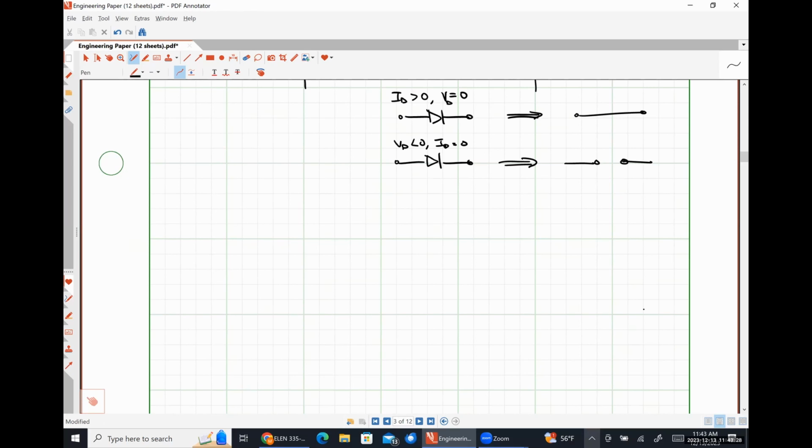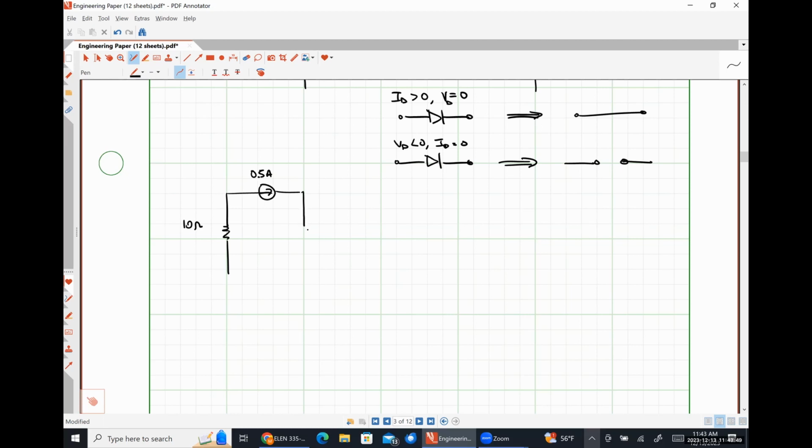So, sorry. Let's rework our previous circuit. And first, I want to show you how the ideal diode model can be used to determine kind of the logic state of a diode.